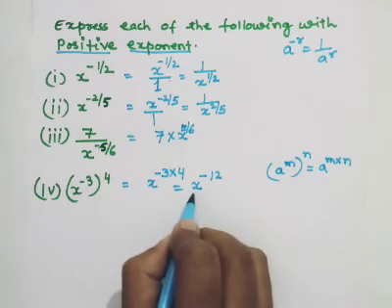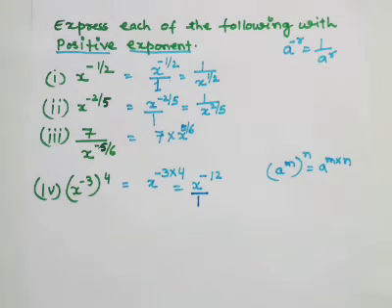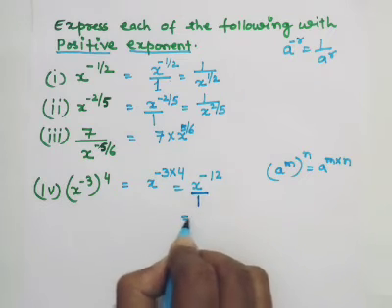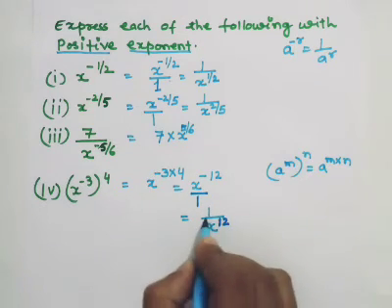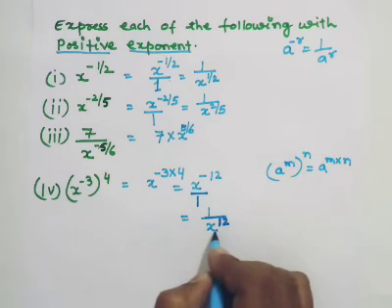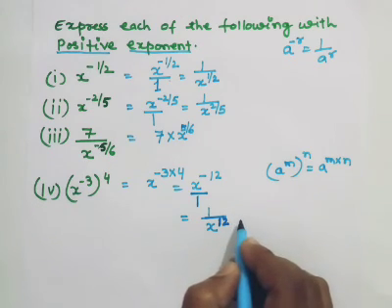Now see, this can be written as x to the power minus 12 by 1. So to change negative exponent into positive, what will we do? We will bring this x to the power minus 12 to the denominator, where the power of x will become positive. So you will get 1 by x power 12.